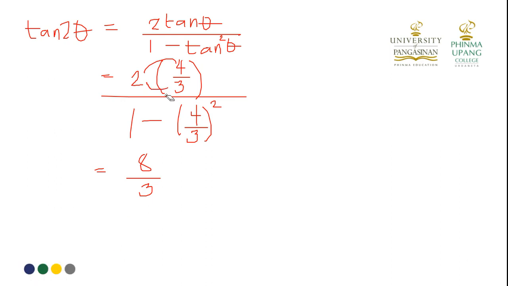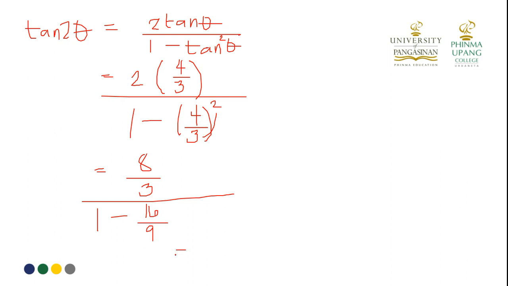Kasi 2 has imaginary 1 as denominator. So, 2 all over 1 yan, kaya 8 all over 3. Tapos, simplify natin to mano-mano. Pwede kayong mag-calculator, ha? 1 minus 16 all over 9. Kasi nga, 4 raised to 2, 16. Then, 3 raised to 2 is 9.